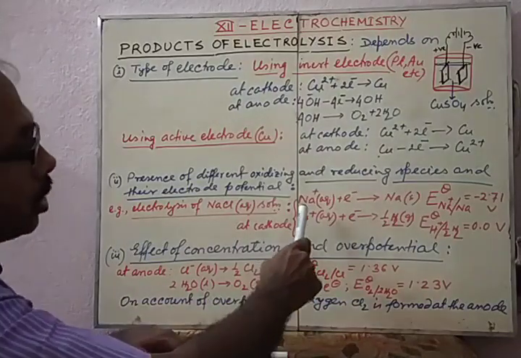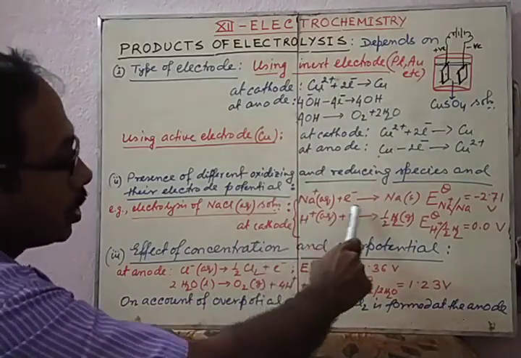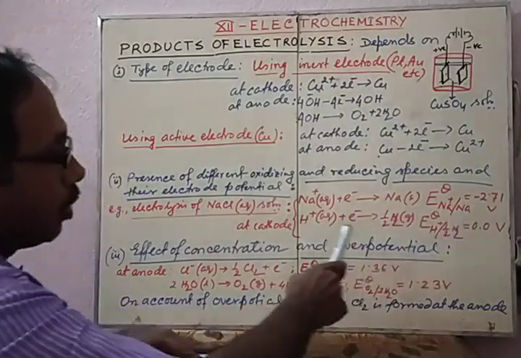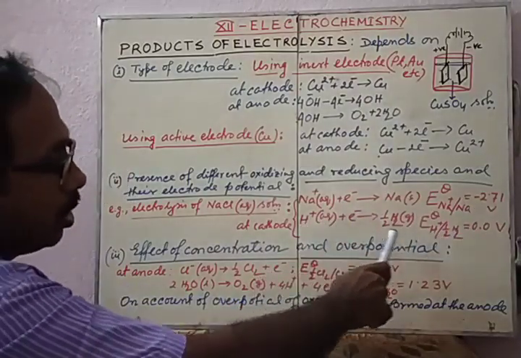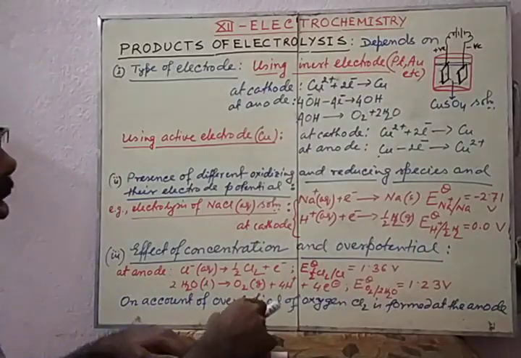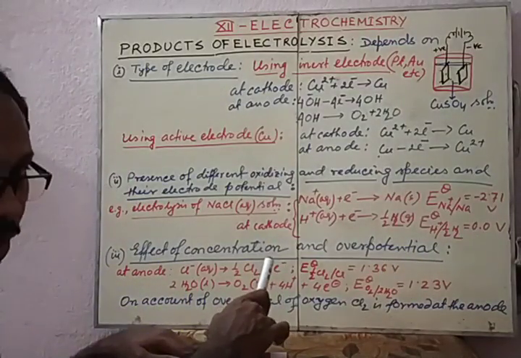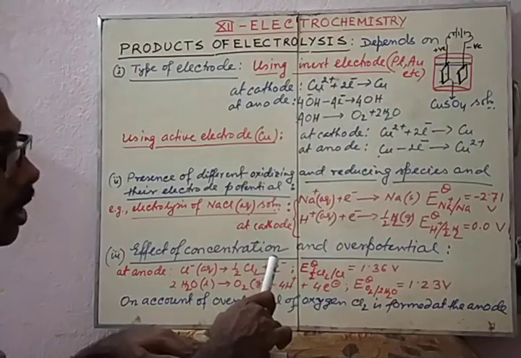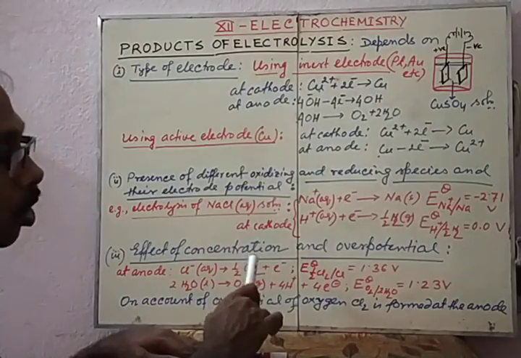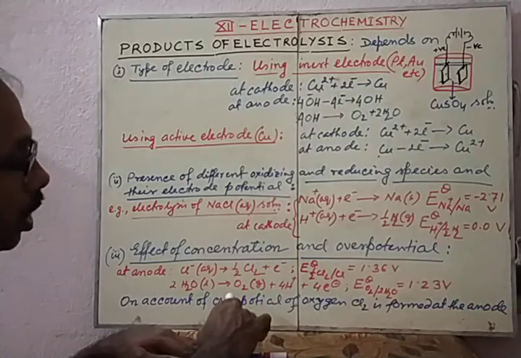Now the reduction potential for sodium plus ion to sodium is minus 2.71, and that of H plus ion is 0 volt.